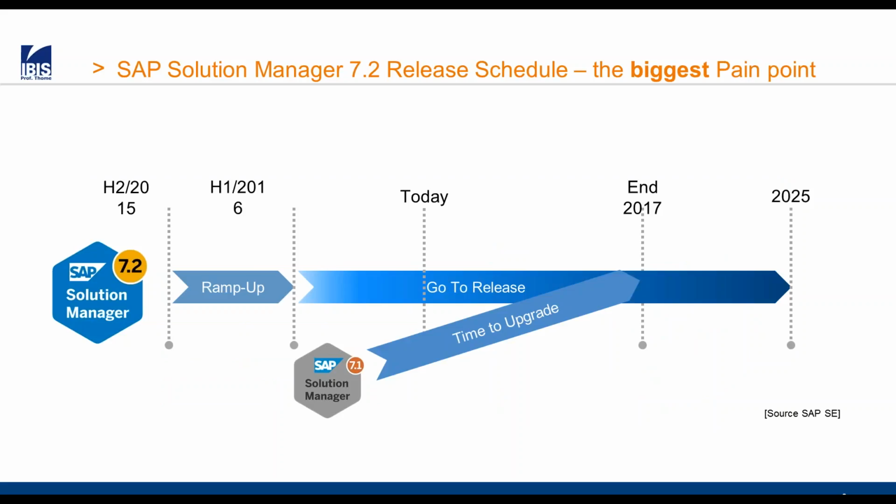Okay, but the biggest pain point, and I'm pretty sure you all know this too well, is there's only 1 year left to do the upgrade. No matter how you call it, whether it is content activation or whatever, actually it's a migration, and this migration has to be conducted in a very short time frame till the end of 2017.